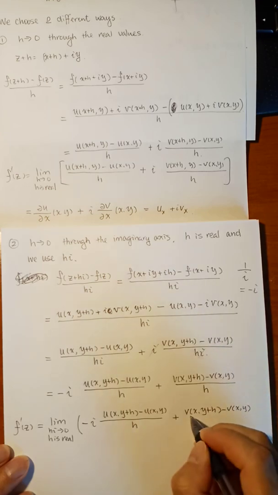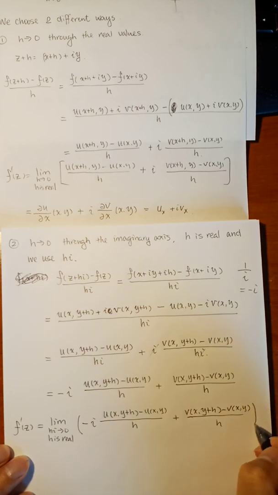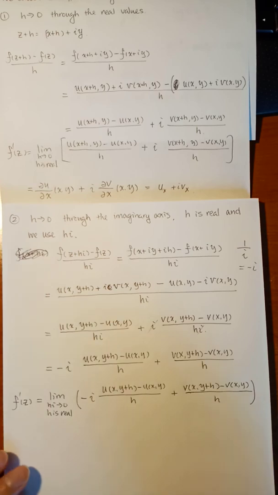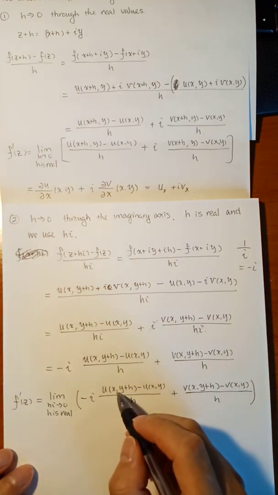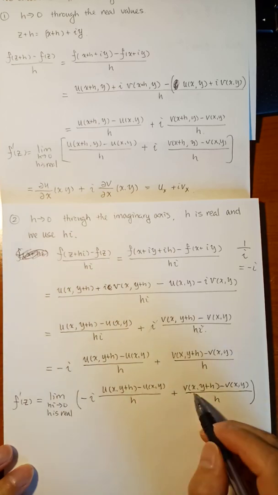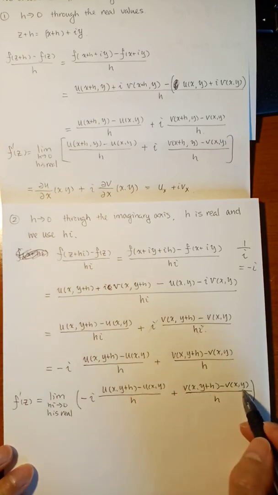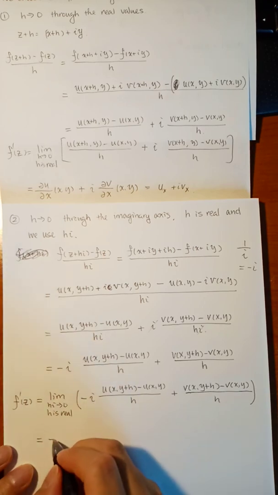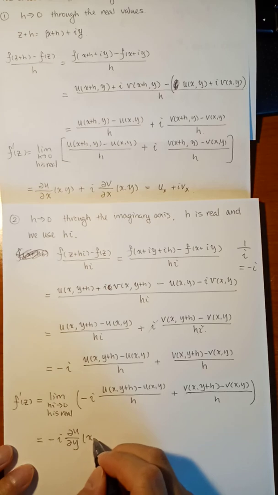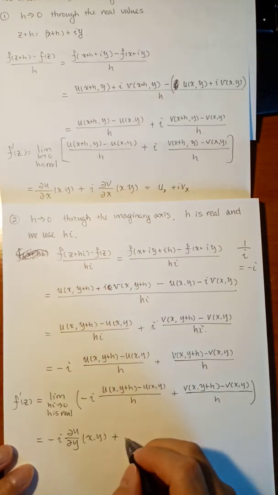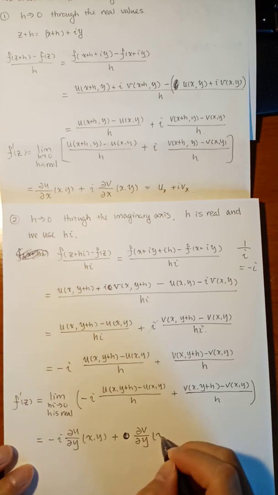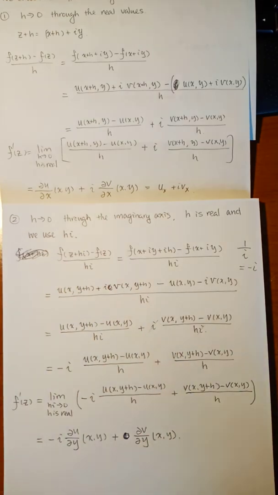Vx comma y over h. See it? This is exactly the partial derivative of u with respect to y, with x fixed. Here's the partial derivative of v with respect to y. But here's a negative i partial u partial y evaluated at (x, y) plus partial v partial y evaluated at (x, y).